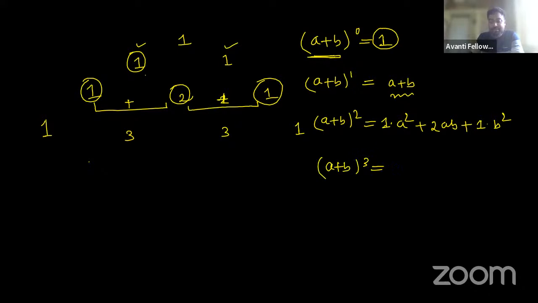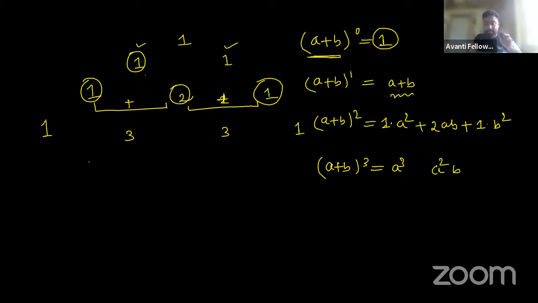First write all the terms without coefficients. First is a cube. Then reduce the power of a by 1, that is a square into b.